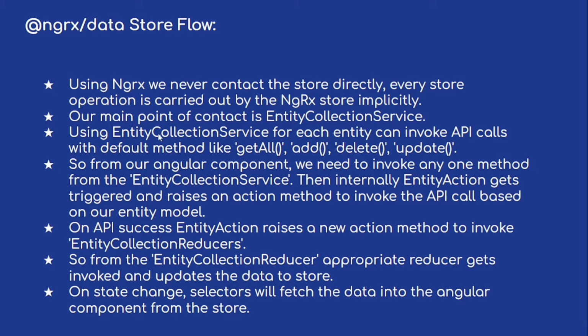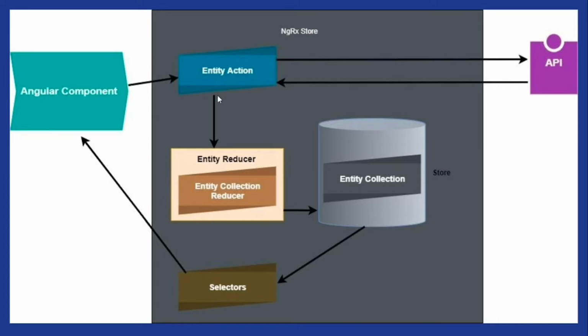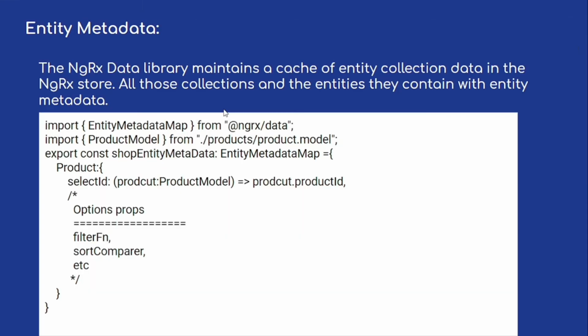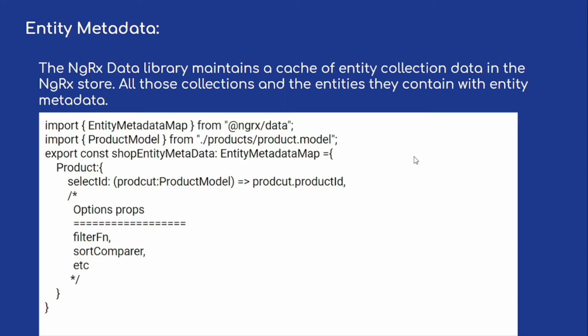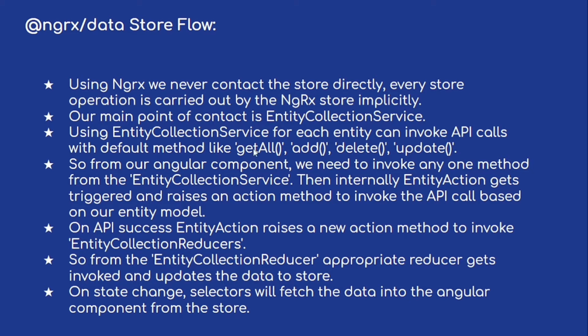Using the entity collection service, each entity can invoke an API call. I have mentioned, right? The entity collection service will implicitly trigger an entity action based on methods like get, add, delete. All these CRUD operations are available in the entity collection service class provided by the entity data source.